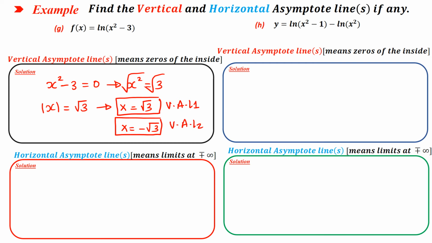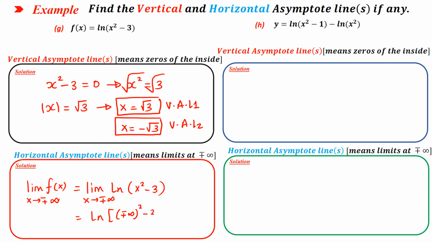Now how to find the horizontal asymptote line? You have to find the limit at infinity and negative infinity. So you have to find the limit of f of x when x goes to positive and negative infinity. So this equals the limit of ln of x squared minus 3 when x goes to positive and negative infinity. Now replace infinity in our function, you'll get ln of positive or negative infinity squared minus 3.